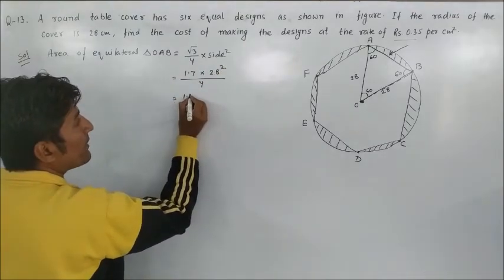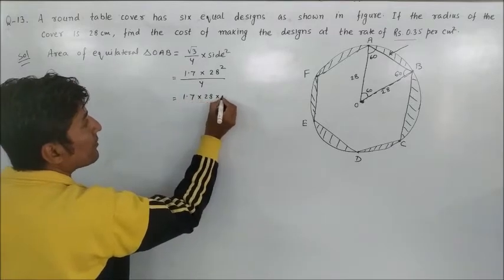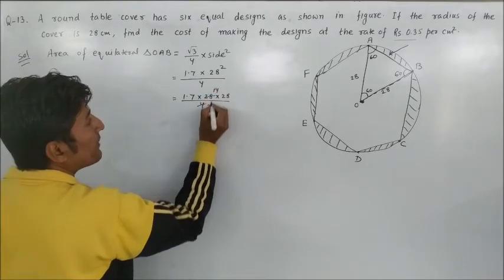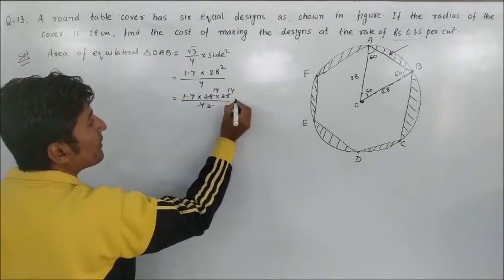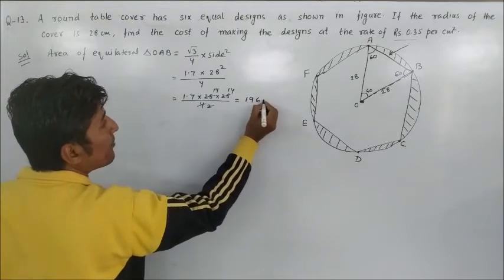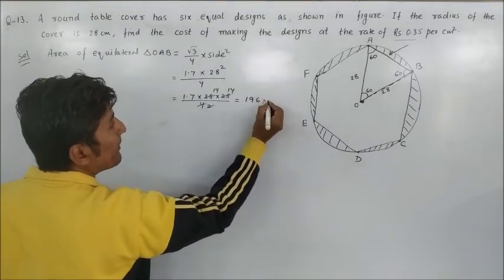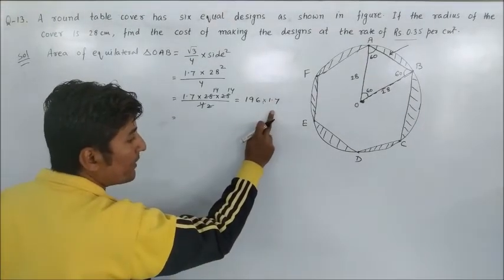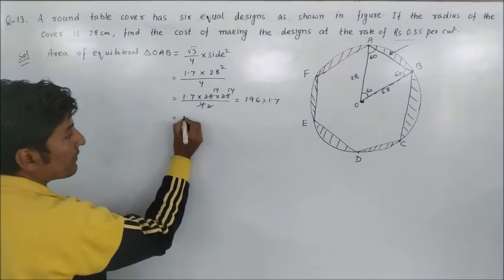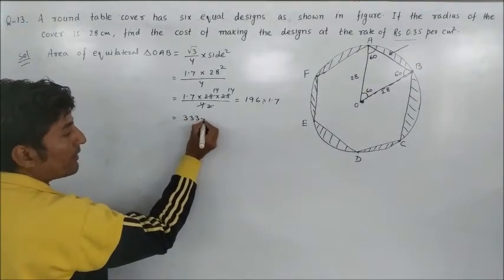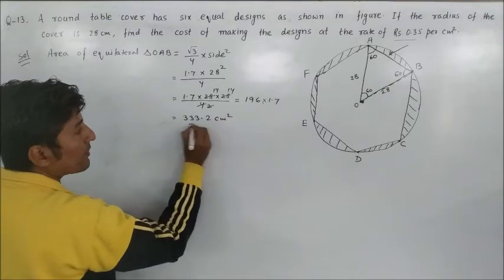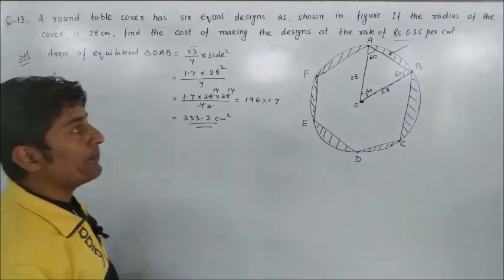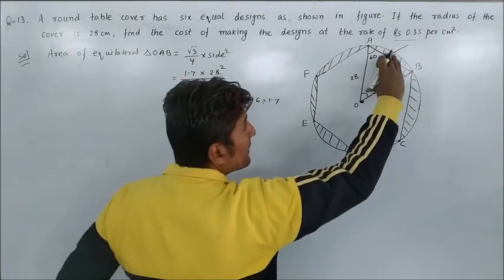So here we can write 1.7 into 28 into 28 divided by 4. 4 into 7 is 28, so 7 and 28 gives 14, again 14. So we have 196 multiplied by 1.7. If we multiply 196 into 1.7, then we have 333.2 centimeter square. So this is the area of equilateral triangle OAB.